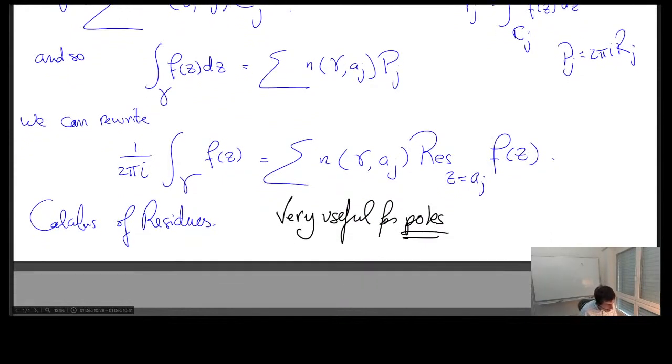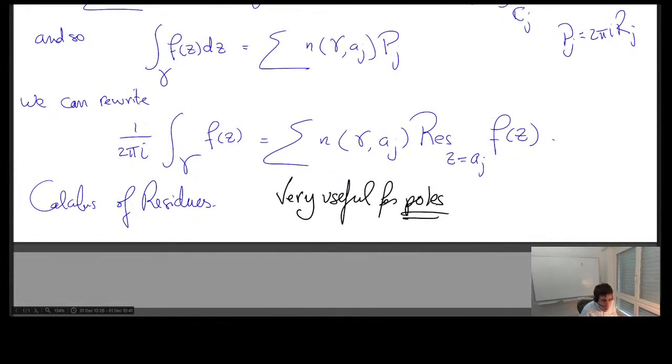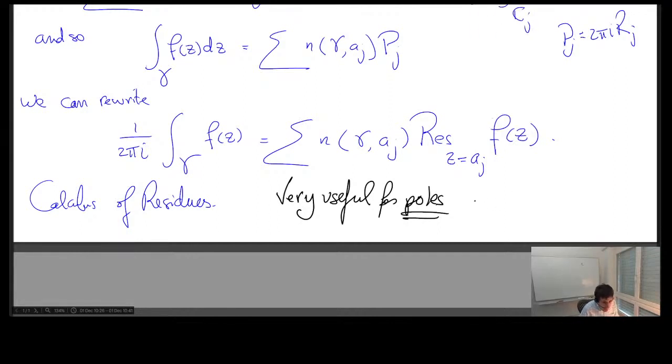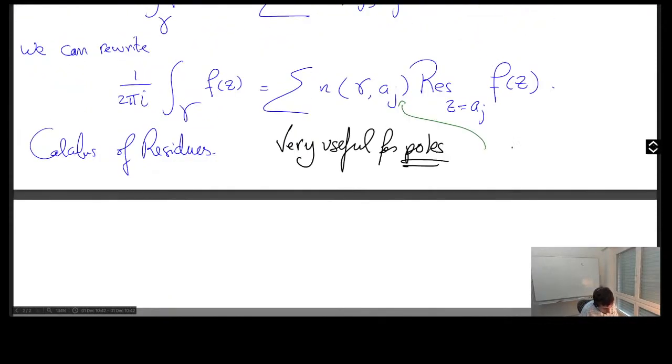Maybe another point I should make is that by now we've seen this idea again and again, but it's worth recalling that usually we take a curve gamma such that the winding numbers of anything are equal to either 0 or 1. We take a circle or a curve that just goes around once, but not always, of course.